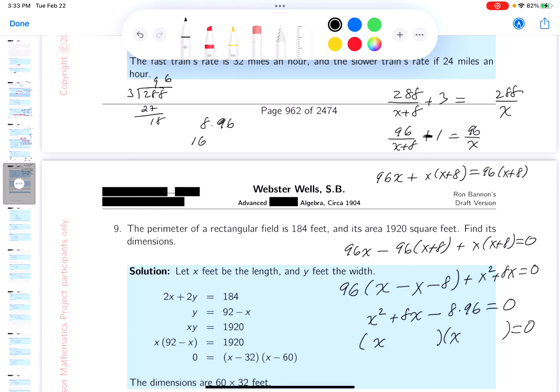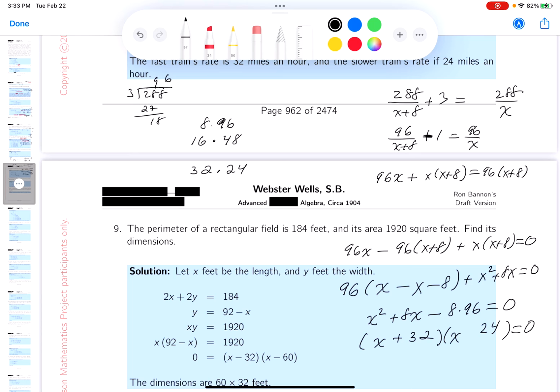I'm taking a 2 from the 96, by the way. And that would give me 48. And 48 times 2 is 96. Well, that's not working. So I'm going to do 32 and 24. Well, 32 and 24 differ by 8, don't they? Let's write this down. 32, 24.